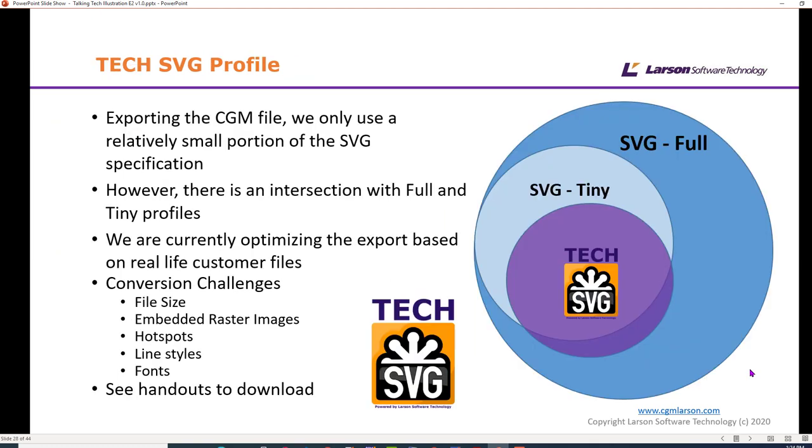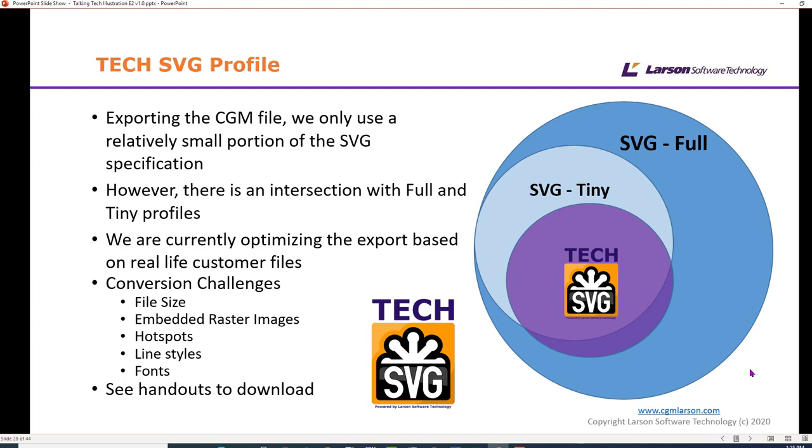To that end, we decided early on, because of this very reason, to create our own profile for SVG called Tech SVG. This would at least give us some consistency with working with SVG within our own system and exporting and saving them with that particular profile in mind, which gives us a consistent file format which we can open and export and then bring back, and it will still work. The spec, as you can see on the right, is big. So we only use a small portion of it for illustrations.